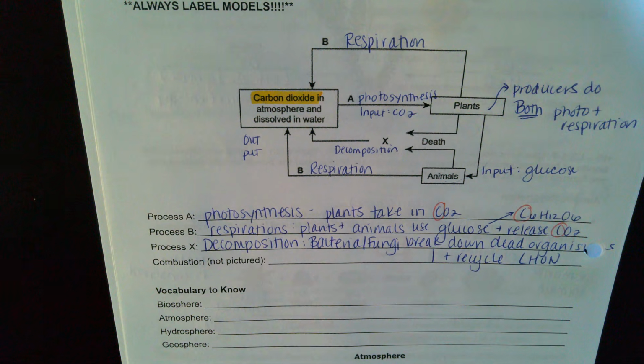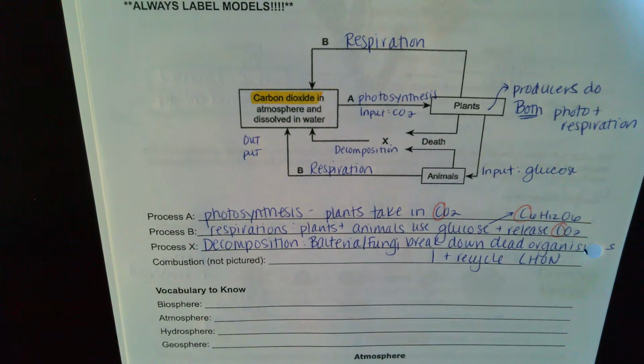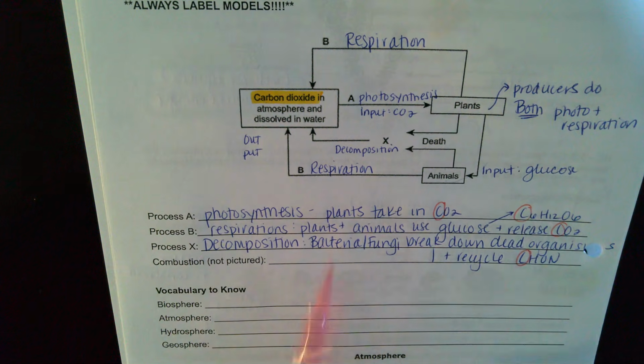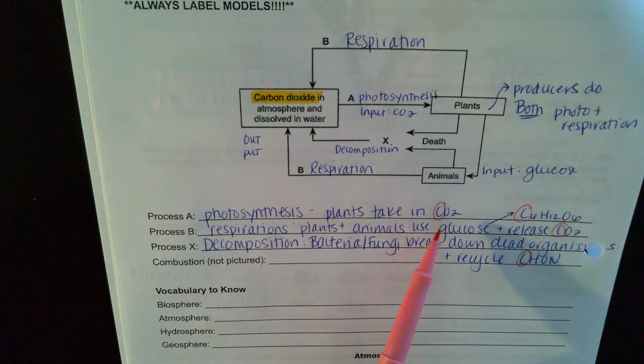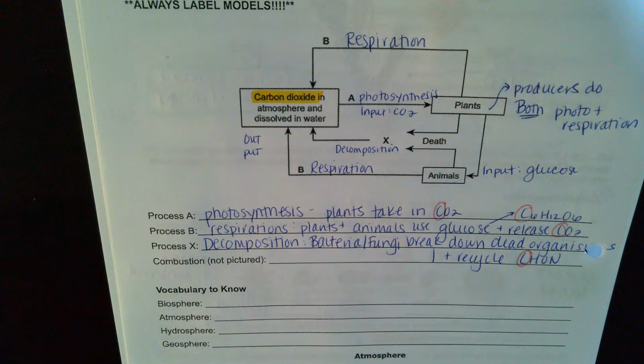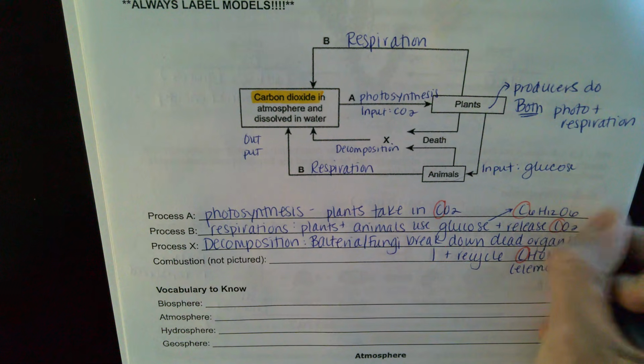Carbon, hydrogen, oxygen, nitrogen. You could see something about how nitrogen goes back into the soil, and then the plants use the nitrogen as a fertilizer, and that allows them to grow bigger too. So keep that in mind. But for this one, I'm trying to follow the carbon because that's what the standard is talking about. Carbon dioxide, glucose, and then when you die, all of your elements get recycled back into the soil. And if you didn't know those were elements, just jot that down.